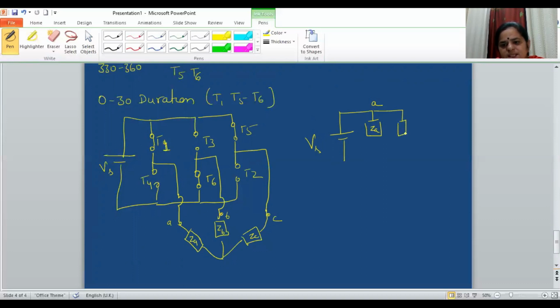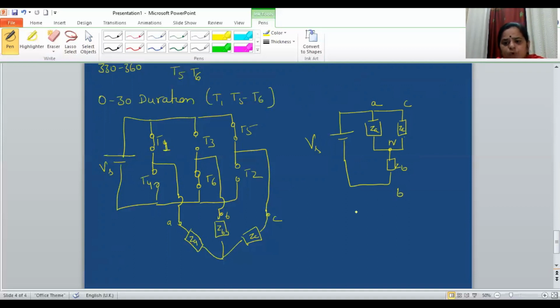So ZC is also connected to A phase. This is C, and they are connected to the neutral point. This is your neutral point, and you can see that the B phase through this T6 short circuit is connected to the negative of the supply. So this will be the equivalent circuit, and this is your B phase.